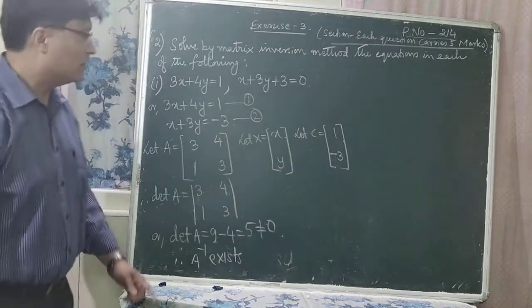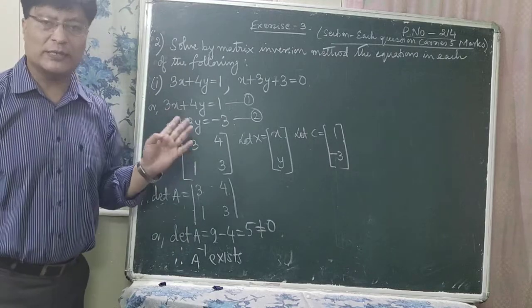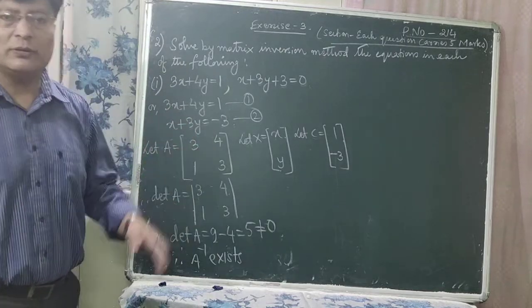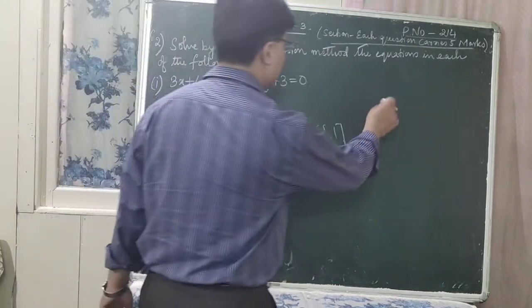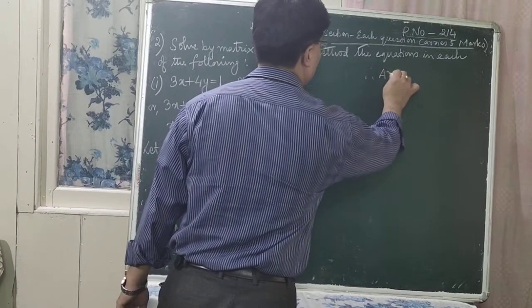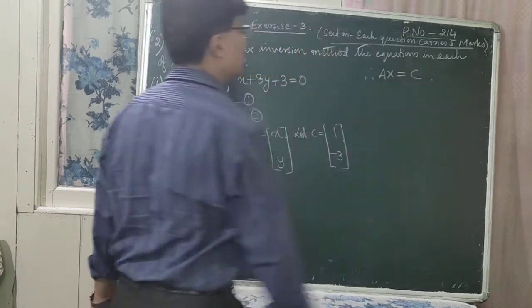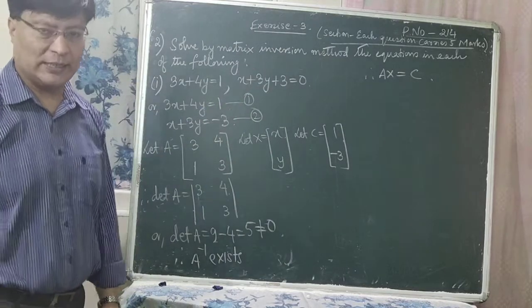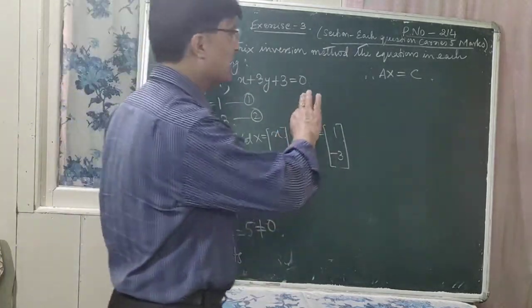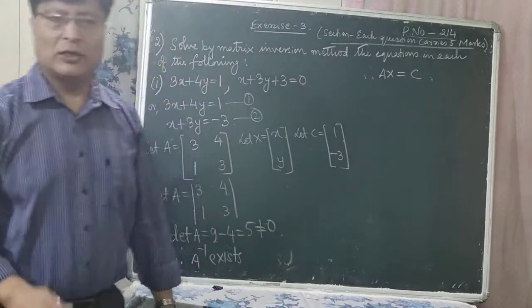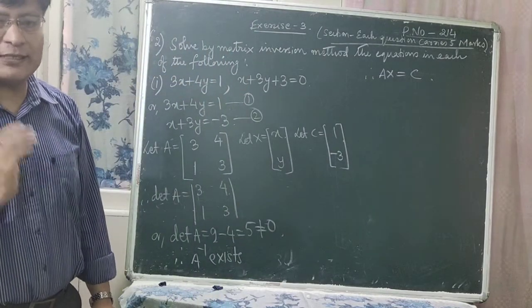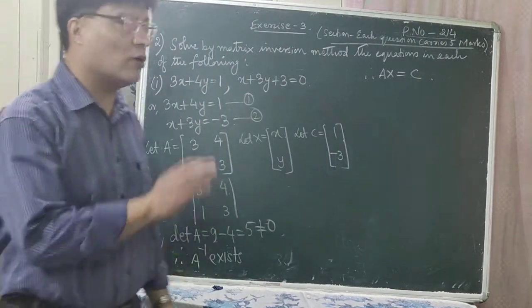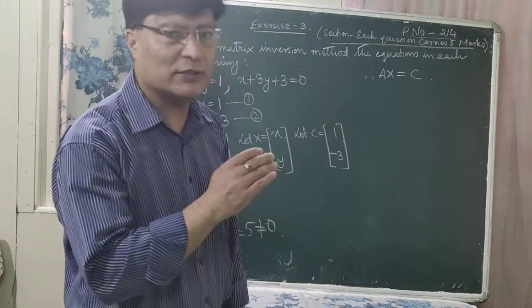So now, this given system of equations you can convert into matrix form. So what is the matrix equation form? AX is equal to C. Now you have to take that A to the right hand side. When you take A to the right hand side, you cannot write it in the denominator.